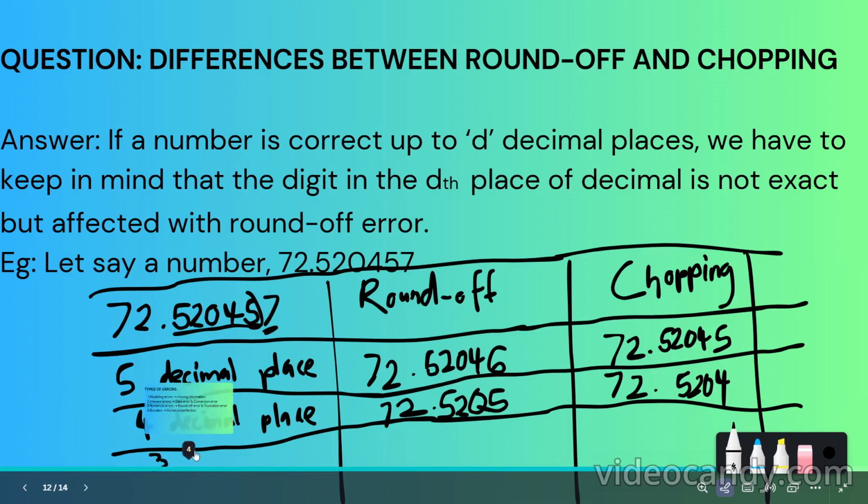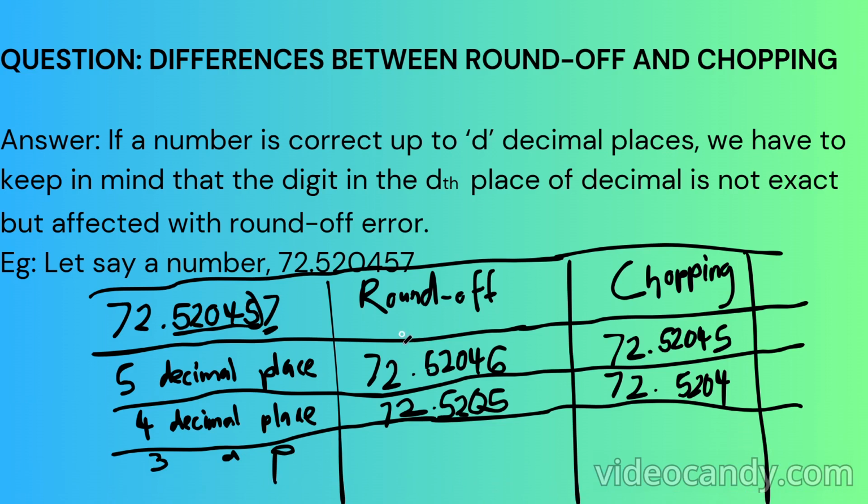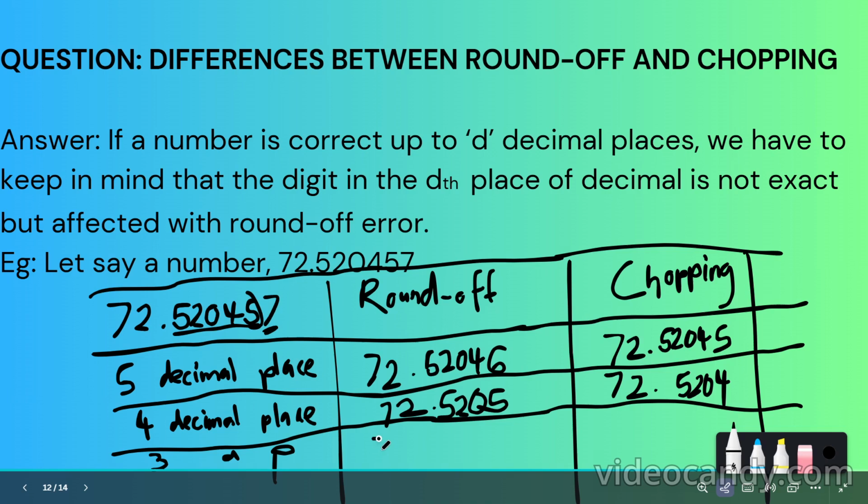The last one is 3 decimal places. If 3 decimal places is asked for round-off or chopping, it is very simple. The round-off answer is 72.520, because the 4 is less than 5.